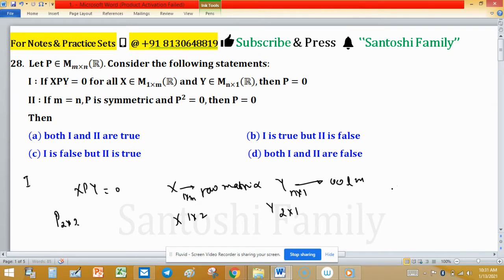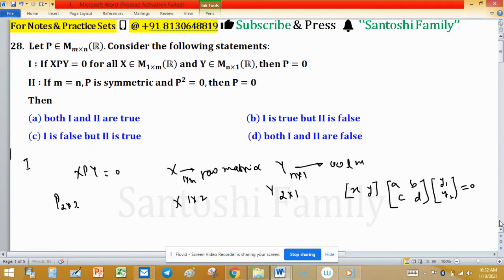So it will be x, this is matrix P, a b c d, which is 2 by 2, and this is column matrix y, y1 y2, equal to 0. This condition is given to us.